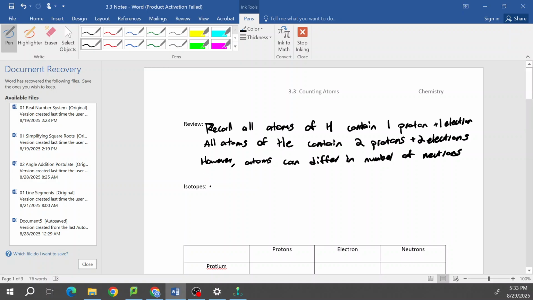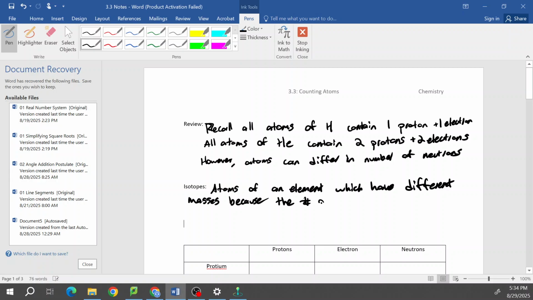Isotopes are atoms of an element which have different masses because the number of neutrons is different.